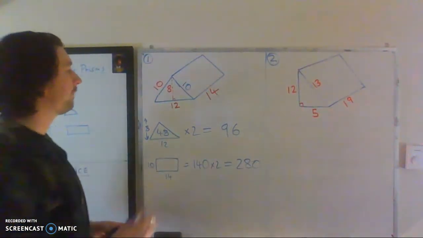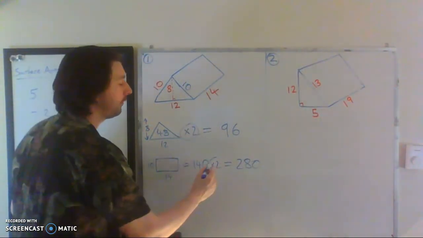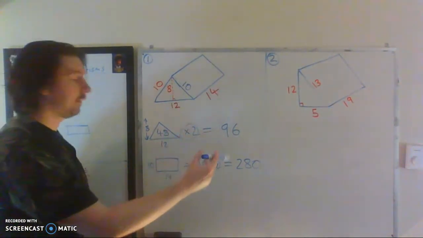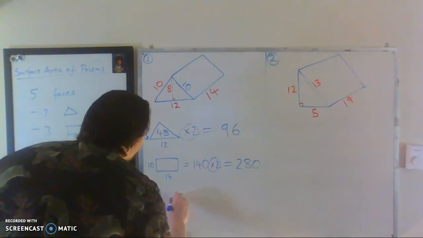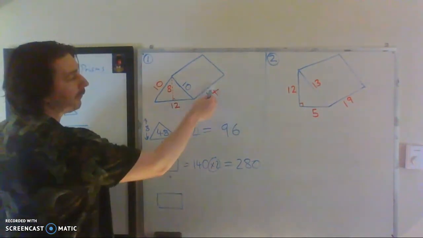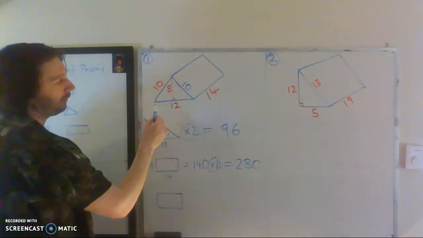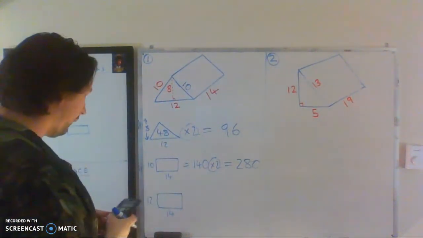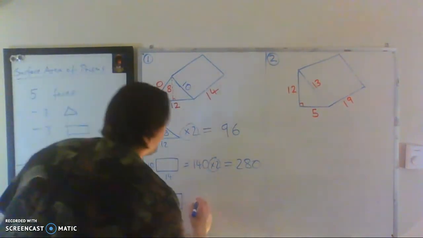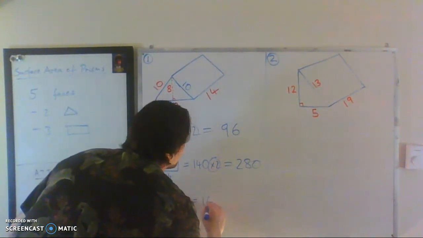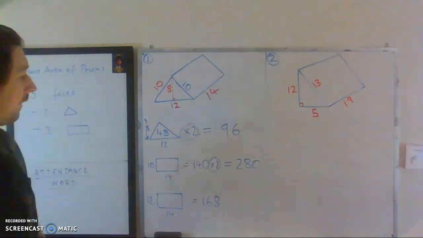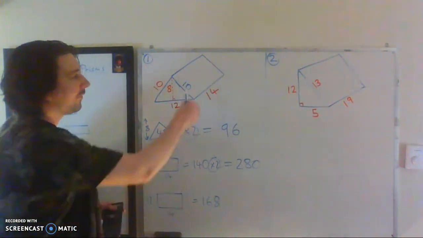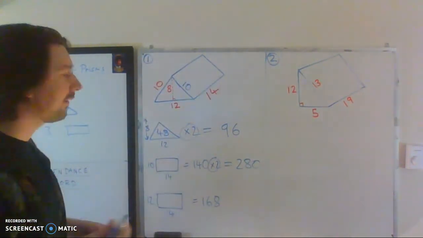So I've done 2 triangles, 2 rectangles. I just need 1 more, and that's the rectangle underneath. The rectangle underneath the base, it will be 14 long and 12 over. 12 times 14, 168. That's all 5, okay? And don't double that, because look, there's not another one on top. It's just 5 faces this time.